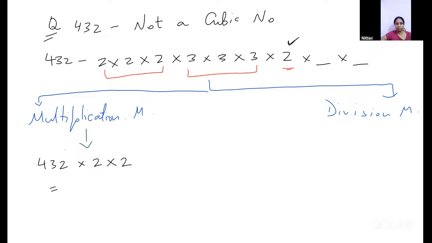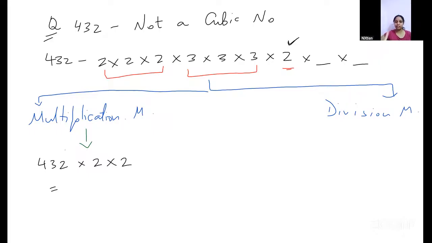But in the division method, you will go lower. Yes, Abraham, that's right. In the multiplication method, I will find out how many more I need and then multiply with that. In the division method, I will take what I have and divide the remaining with it.